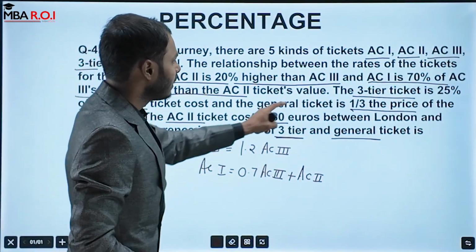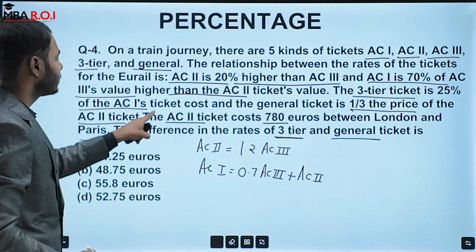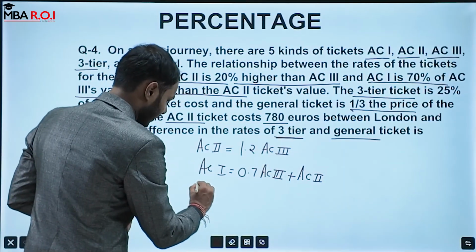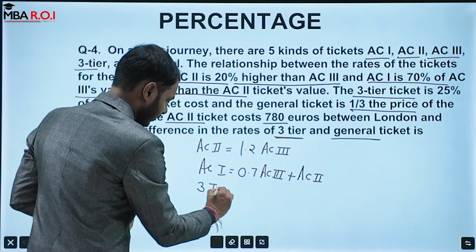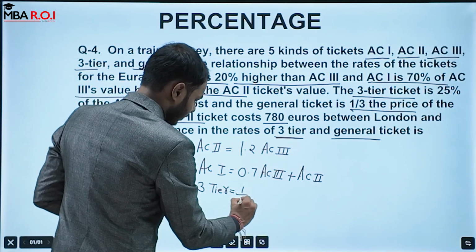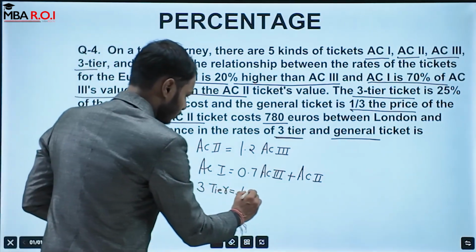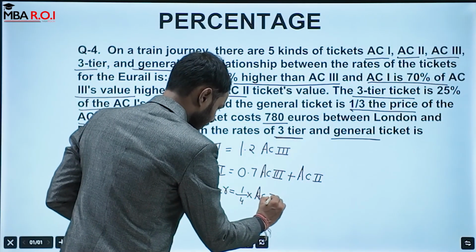Let's read further. Next it is saying the third tier ticket is 25% of AC first ticket cost. So I can write it, third tier is 25%, I can say 1/4 times AC first ticket cost, whatever will be the cost of AC first.